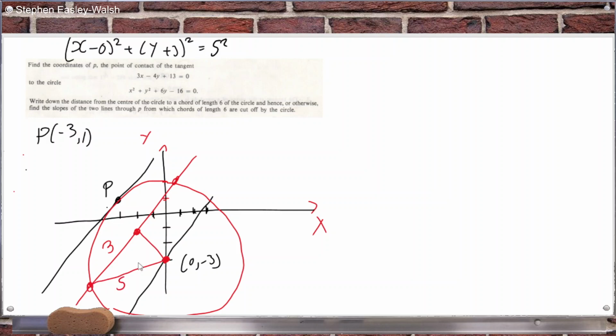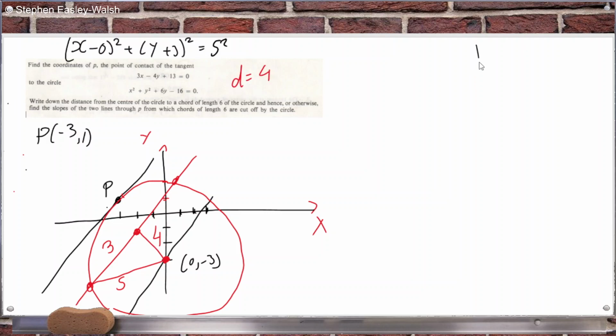So is it just 4? Is that it? Write down the distance from the center of the circle to a chord of length 6 of the circle, and hence or otherwise find the slope of the two lines through P from which chords of length 6 are cut off by the circle. Okay, well, firstly that's a 4, so the distance is 4. Okay, so now what do we want?